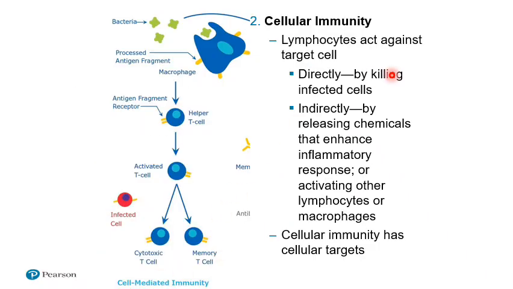Lymphocytes act against the target cells in two ways. Number one, either directly by killing the infected cells itself, or indirectly by releasing chemicals that would enhance the inflammatory response, activate other lymphocytes or macrophages, or affect the agglutination effect of the microorganism.